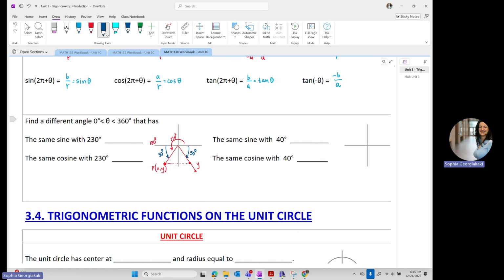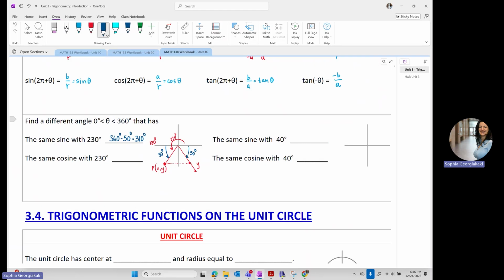So I need an angle from 0 to 360. That angle is 360 degrees minus 50 degrees. Therefore, the angle is 310 degrees. They have the same reference angle and they have equal y's. So one angle is in quadrant 3 and the other angle is in quadrant 4.